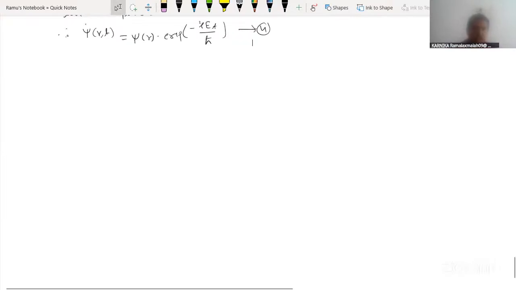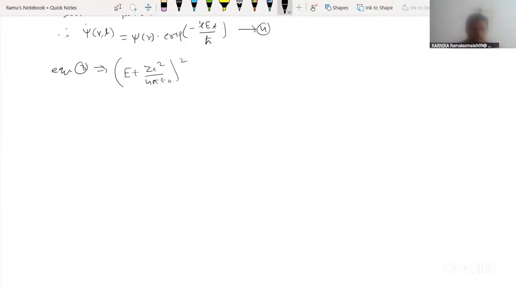So here equation 3 becomes (E plus Z e square by 4 pi epsilon naught r) whole square into psi of r is equal to minus c square h cut square delta square plus m square c power of 4 into psi of r.